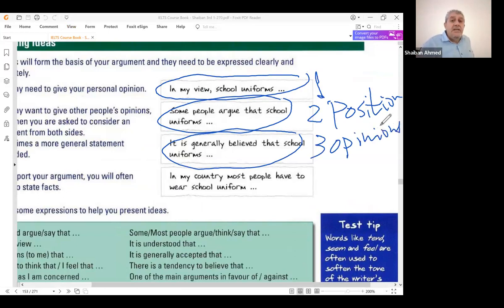The first one, you say personal. In my view, I believe, I think, it is my point of view. So you talk about yourself. And when you talk about yourself, finish the idea. I think giving, let's say, too much money to children wouldn't be a good idea.